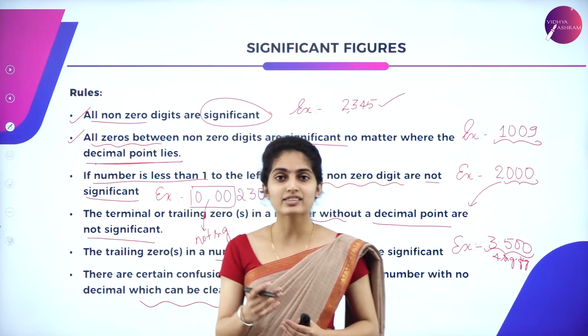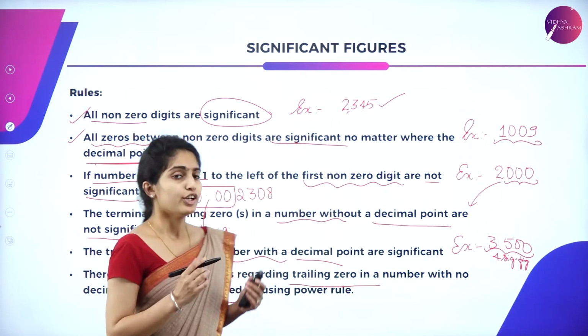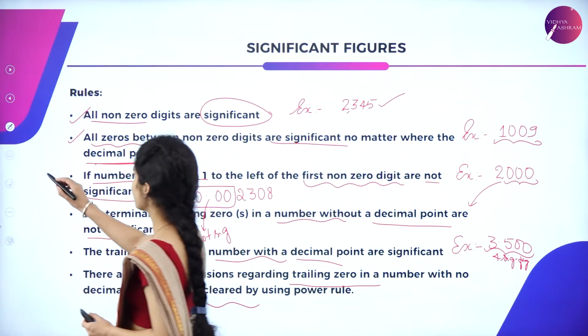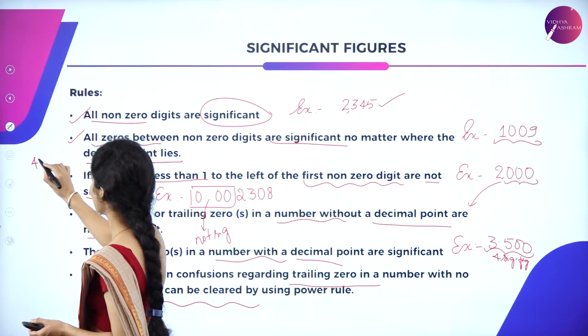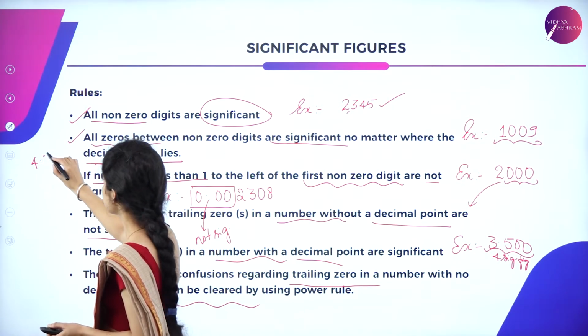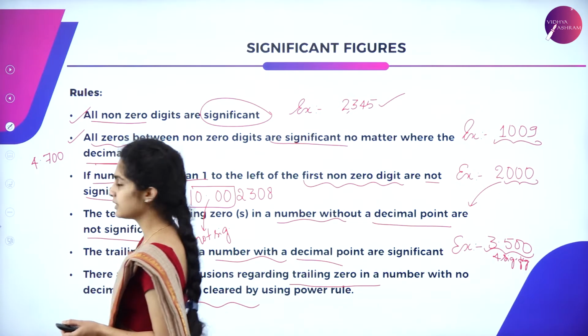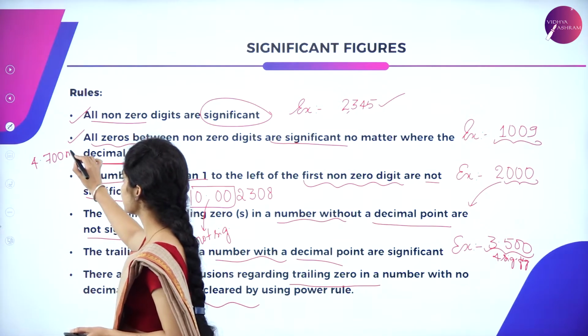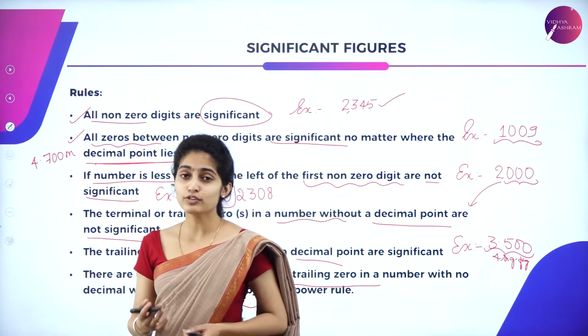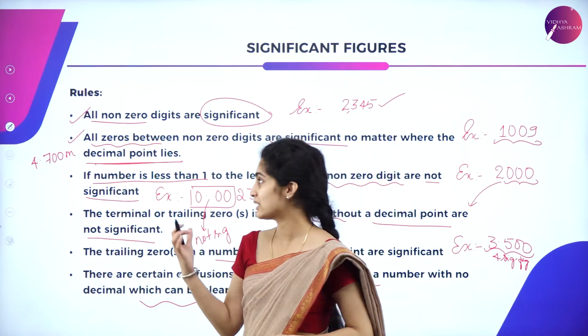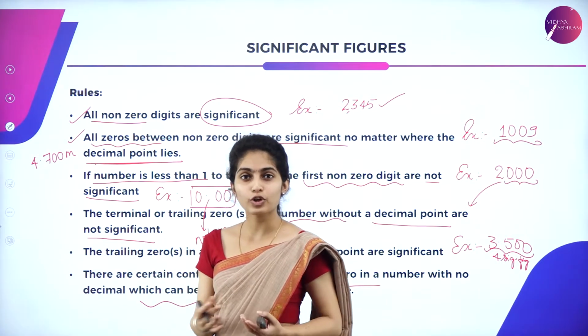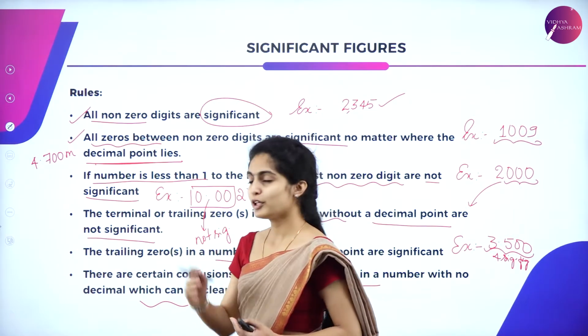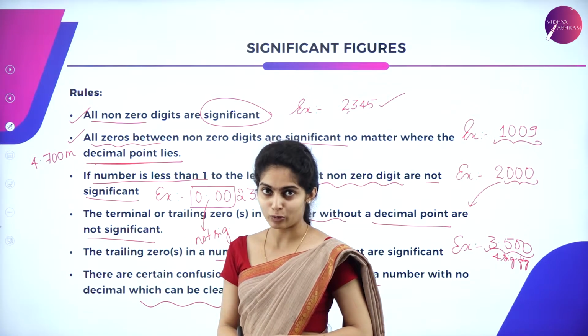That is the power rule. So, for example, you have 4.700 meters, a value of some length you are measuring, and the measurement of the length is 4.700 meters.